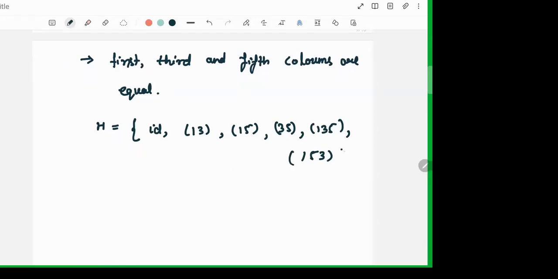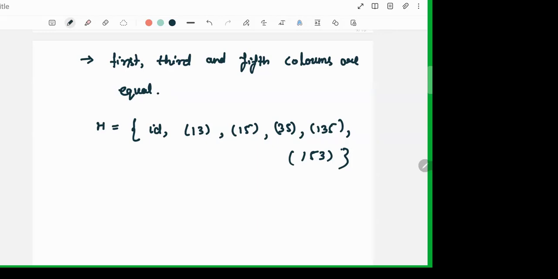These all will lie in the stabilizer because when I am writing 1 3, that means 2 4 5 are all fixed. When I am writing 1 5, that means 3 4 are all fixed. Basically 3 goes to 3, 4 goes to 4, 5 goes to 5. That is the convention I already mentioned. So all these lie in the stabilizer. That is clear, na? This subgroup H lies in the stabilizer. Is this clear or not? Yes, because 1 3 and 3 1 are both the same columns. So this subgroup lies in the stabilizer.